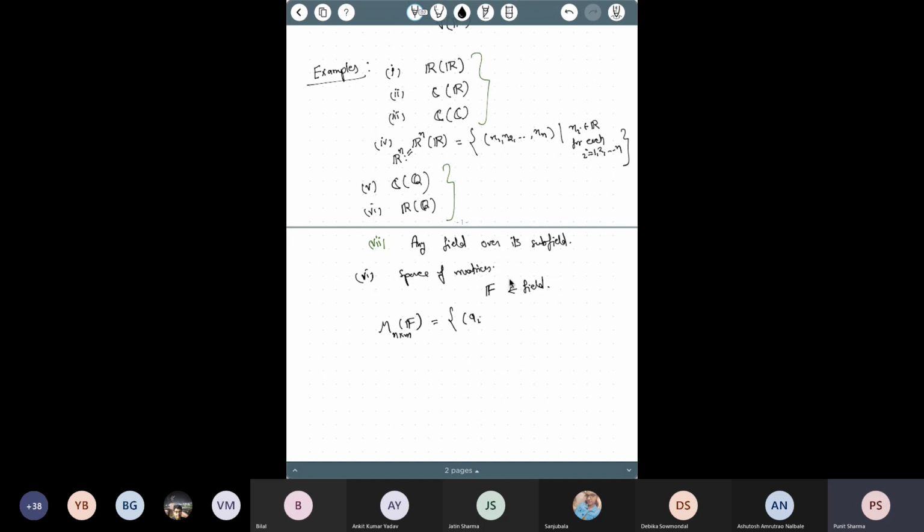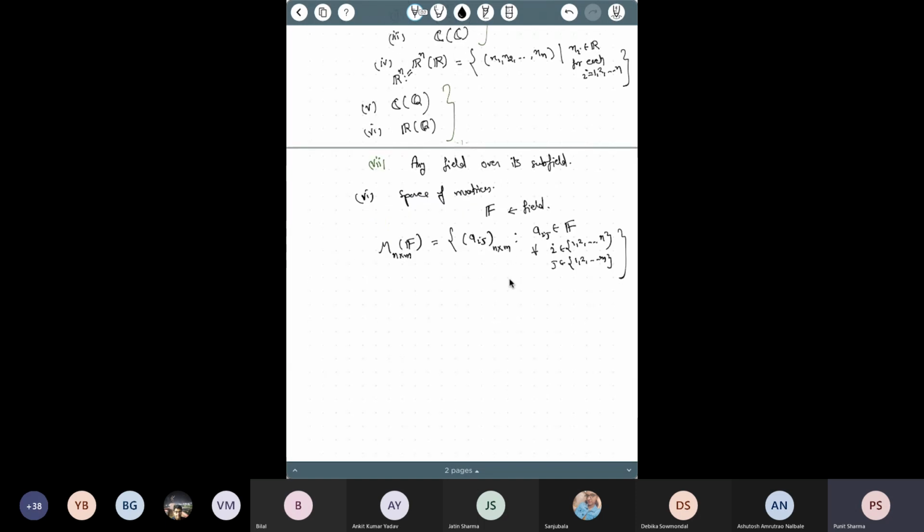These are the set of all matrices of size N cross M, where these Aij's belong to the field F for all i in 1 to N and j in 1 to M. Okay. So you can check that this set forms a vector space over F under usual addition and scalar multiplication of matrices. All right.